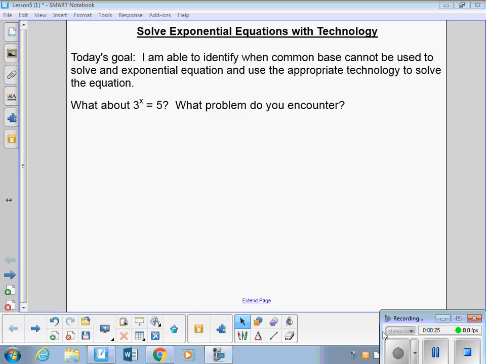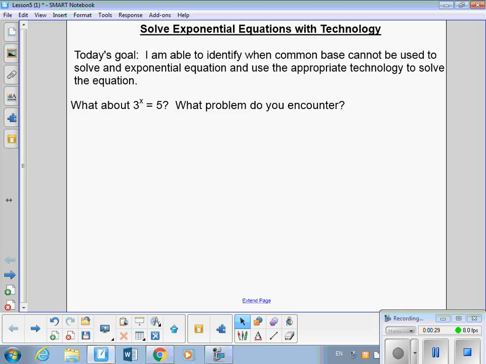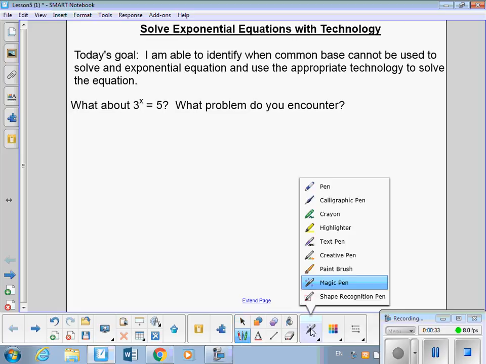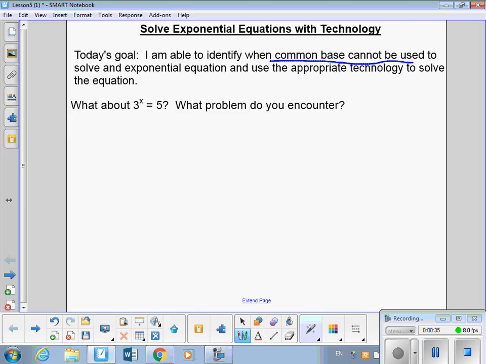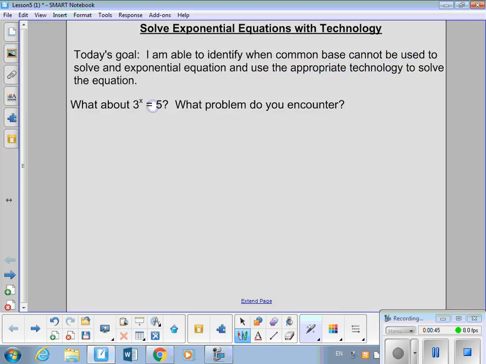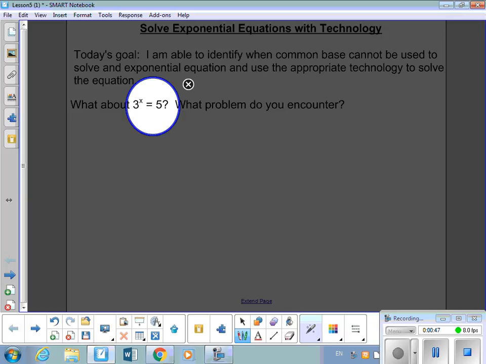So our goal is I'm able to identify when common bases cannot be used, and I'm going to use the appropriate technology to solve the equation. So what we're looking at, for instance, is this equation here, 3^x equals 5.